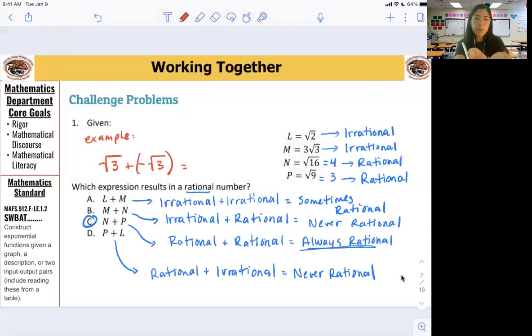If I give you a square root of 3, happy birthday, and then I take it away, what are you left with? 0. So the only time that you do get rational from two irrational numbers is if they cancel out to 0. So that's why you have to check. In this case, they did not cancel out, so the only answer is C.